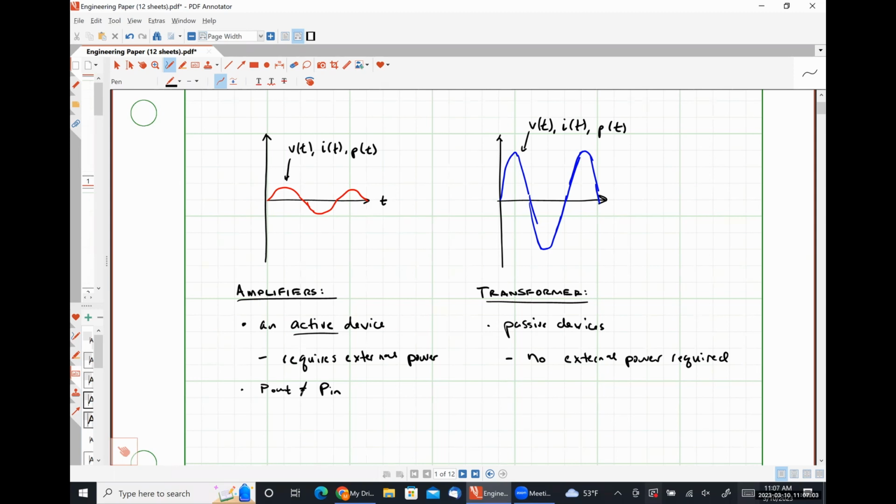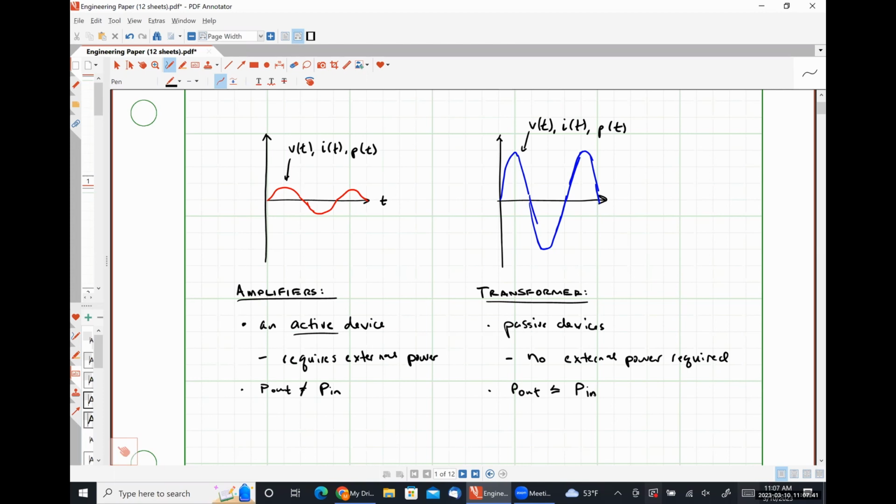In a transformer, speaking specifically about an ideal transformer, the output power will always be less than or equal to the input power. So in an ideal case, what you get out of a transformer is exactly what you put in, but in any practical case, it's going to be less than what you put in because of the resistance of the wires, the energy it takes to magnetize the transformer's core, and a lot of other things that are well beyond the scope of this class, but that you'll learn about in other classes.